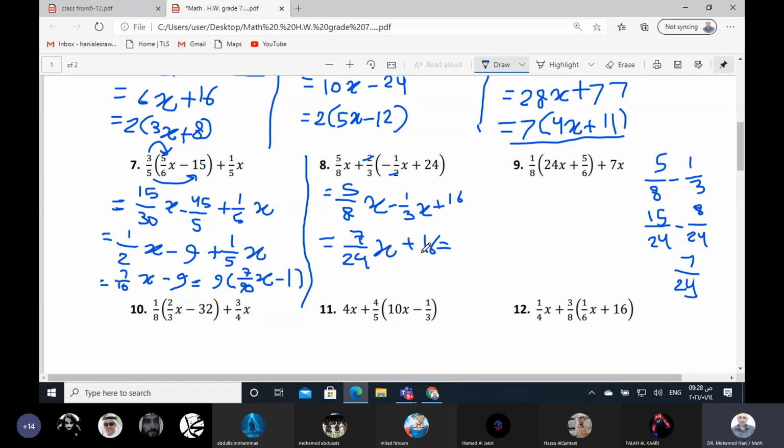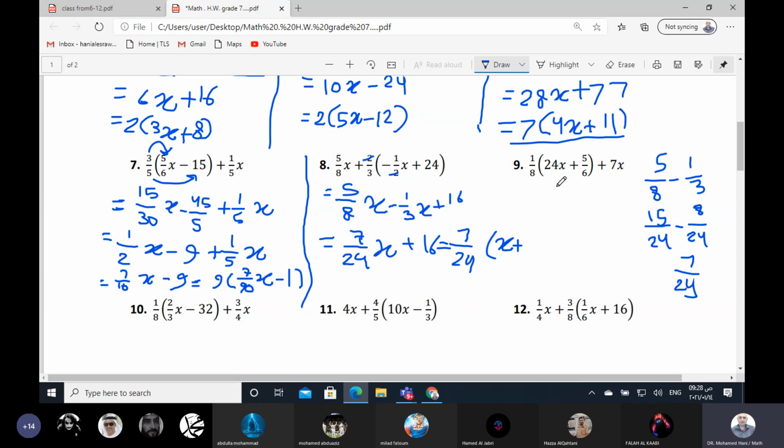This is a simplified form, and if you want to write it as a factored form, take 7 over 24 as a GCF, then open parenthesis, 7 over 24 divided by 7 over 24 remains here x plus.